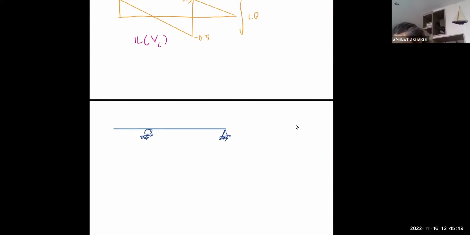Now A is here, that point. The way that we allow the moment at A to move freely is by adding a hinge here. Again, the sign convention for the moment, the positive one is like this. You can view it like this, or if you are very good with the sign convention, to the right is this, to the left is this.